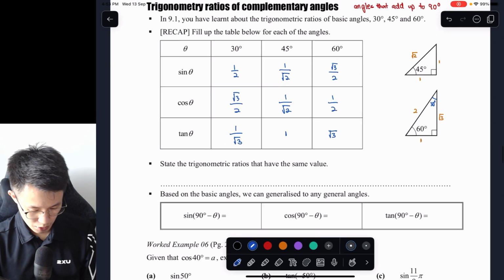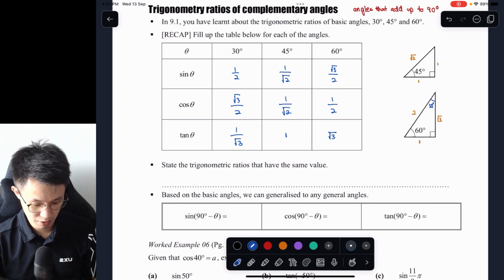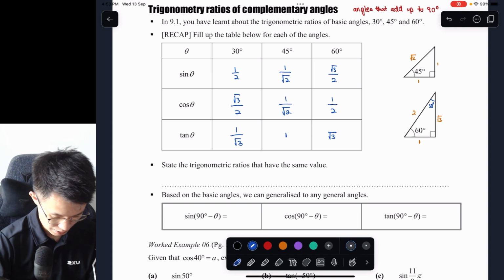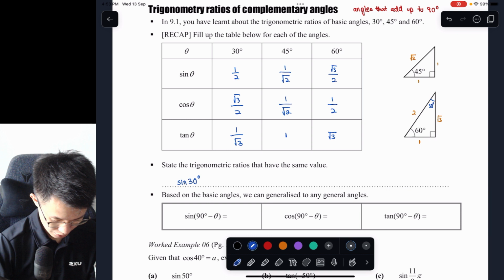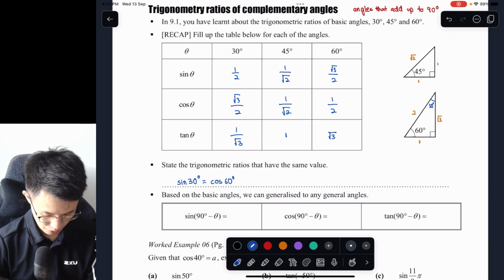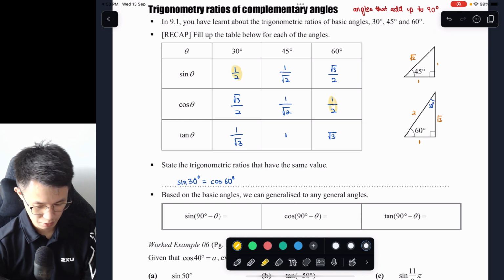Okay, so we can see that based on these basic ratios, there are some that are equal to each other. We see that sine 30 degrees is in fact equal to cosine 60 degrees. Correct? So if you look at it, this value is equal to this value.